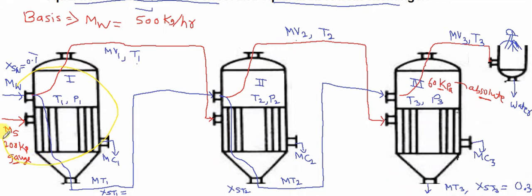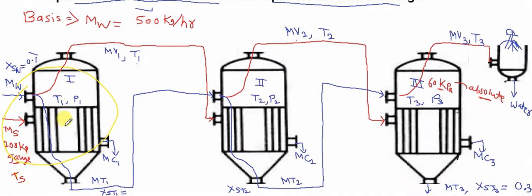When you consider this evaporator, the input temperature of steam will be Ts, which we will get from this pressure, and the inside temperature is T1.